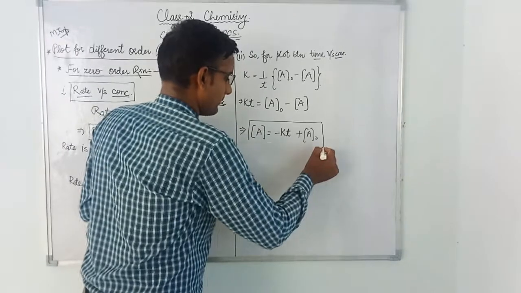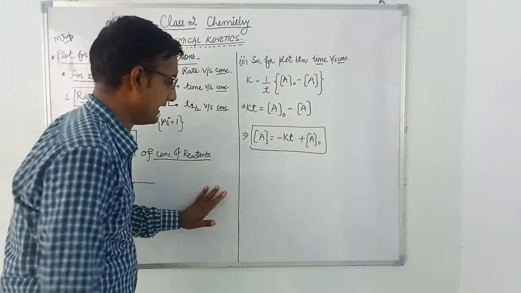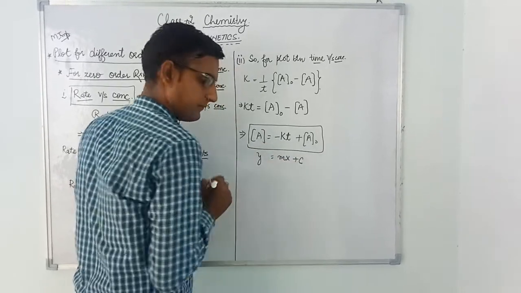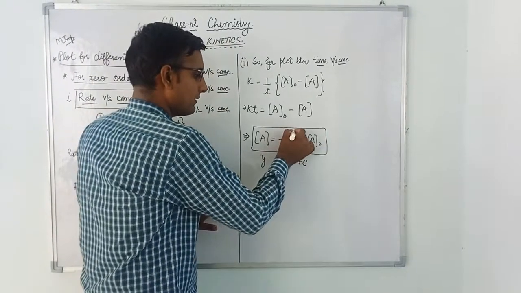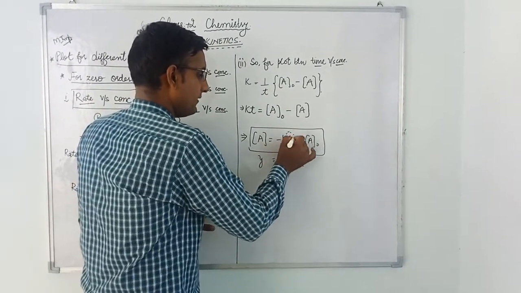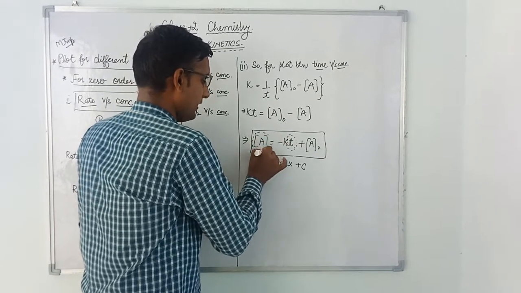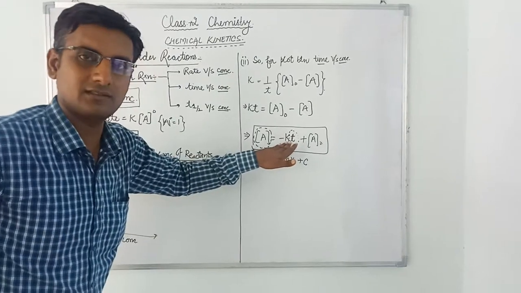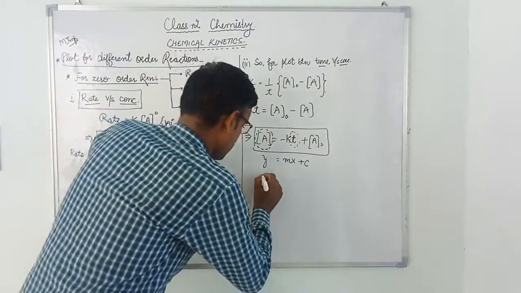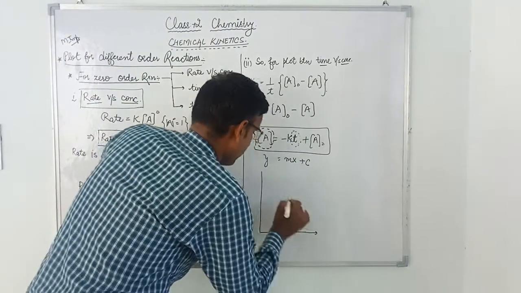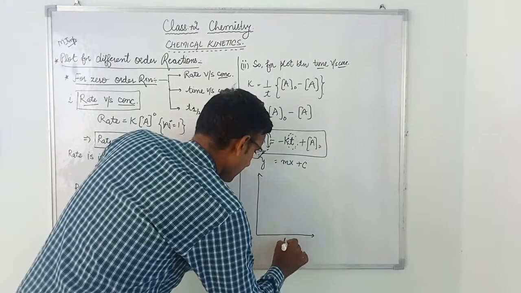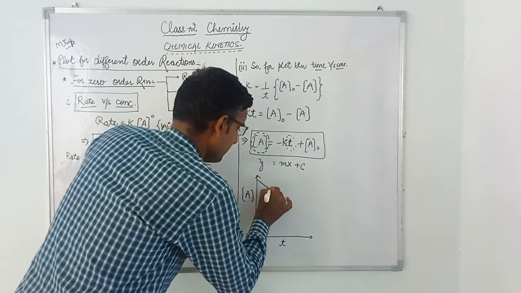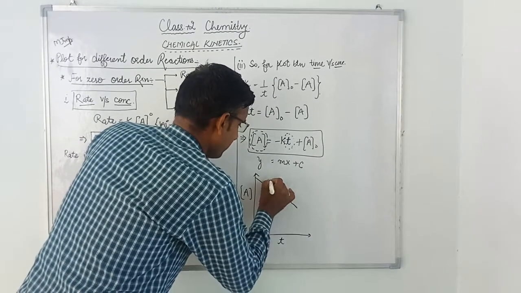So this represents the equation of straight line, that is y is equal to mx plus c. So if we plot between this time t and concentration A, we get the slope that is equal to minus k. So now we are going to plot between t and A. We get a graph which is also a straight line, but its slope is negative.